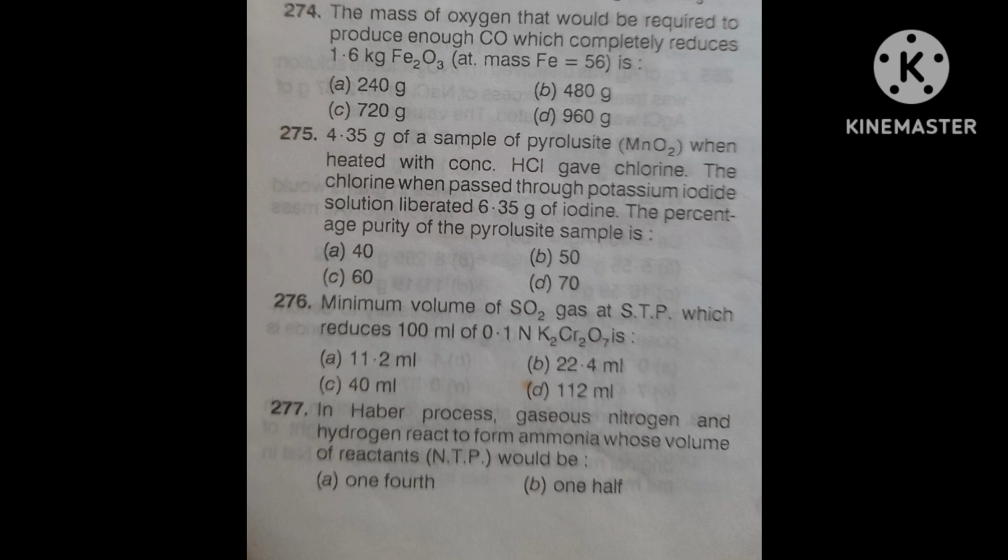Again I am reading one more time. Minimum volume of SO2 gas at STP which reduces 100 ml of 0.1 N K2Cr2O7 is: first option 11.2 ml, second option 22.4 ml, third option 40 ml, fourth option 112 ml.